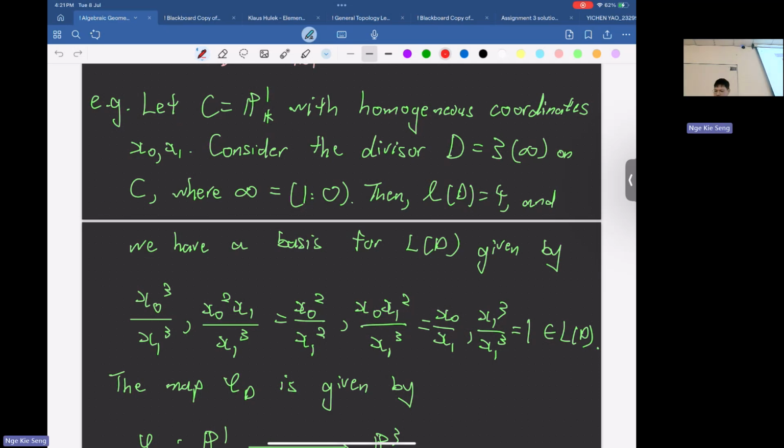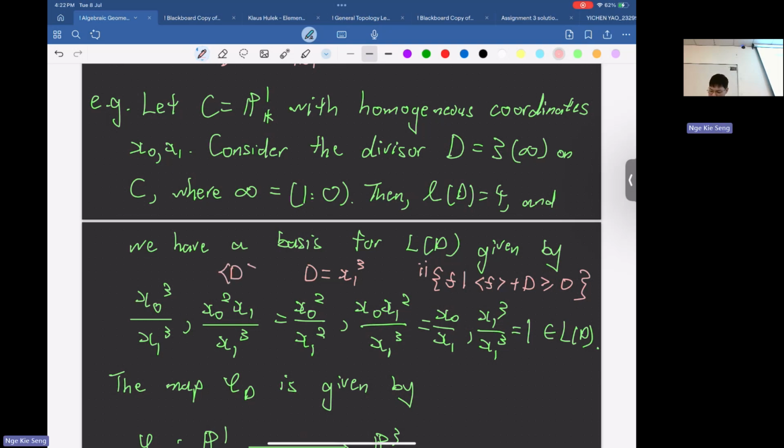Maybe recall what L(D) is again. So L(D) is all the F such that F plus D is greater or equal to 0. So what's our D here? Our D here is supposedly x1 cubed. Wait, I can also write it like this.